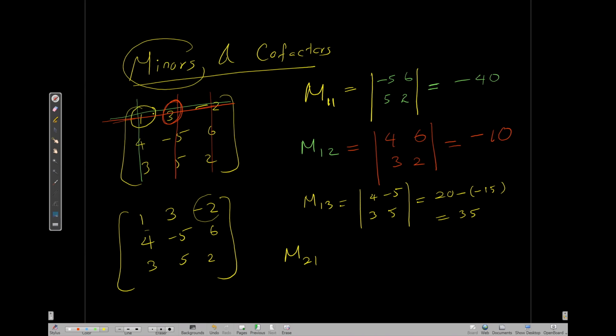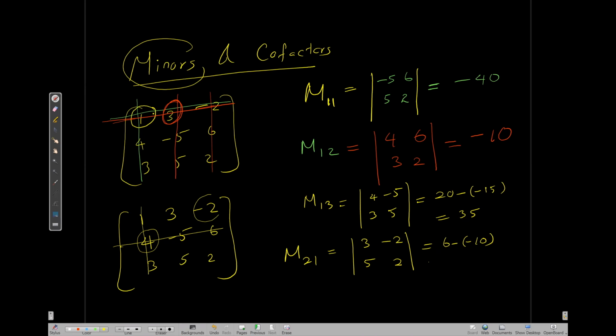Then M21, so you have to delete again. If you are still new to this, you can do this; after a while you can do it in your head. You just need to isolate that row and column and look at the remaining part. So 3, negative 2, 5, 2, we get 6 minus 10.